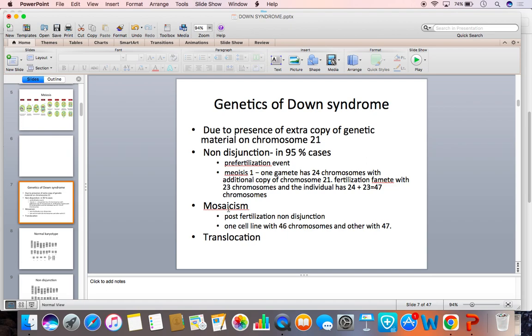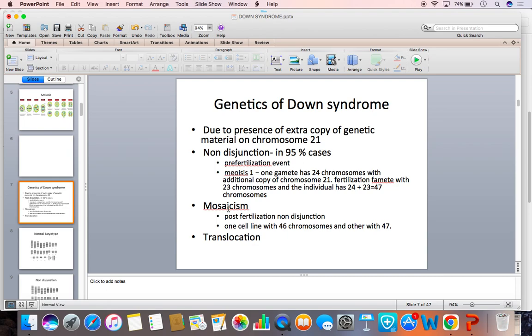Then another phenomenon wherein Down syndrome is possible is translocation. Translocation is a phenomenon wherein there is a break in the chromosome with relocation of the segment onto a different chromosome.